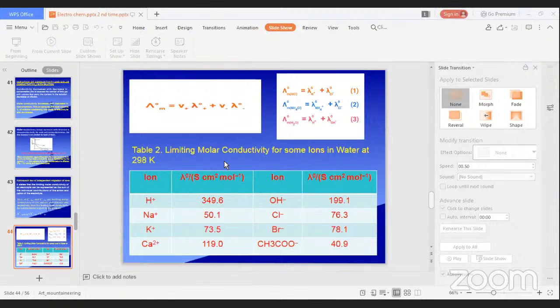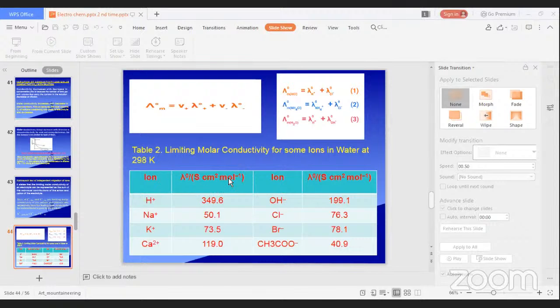The limiting molar conductivity of some ions is given in water at room temperature, 298 Kelvin. Here we have cations: H+, Na+, K+, and Ca2+. The limiting molar conductivity of H+ is 349 Siemens centimeter square mole inverse.